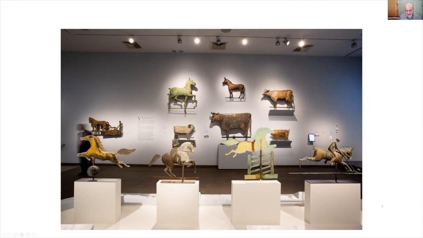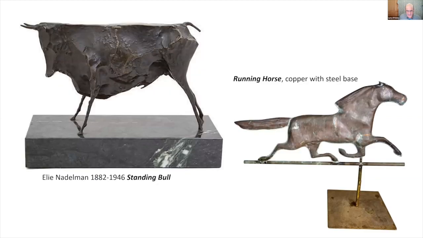So again, these really simplified forms, really elegant shapes, and all of that was something that the modern artists at the time were looking at and taking in. So Elie Nadelman, who was a sculptor, lived from 1882 to 1946.